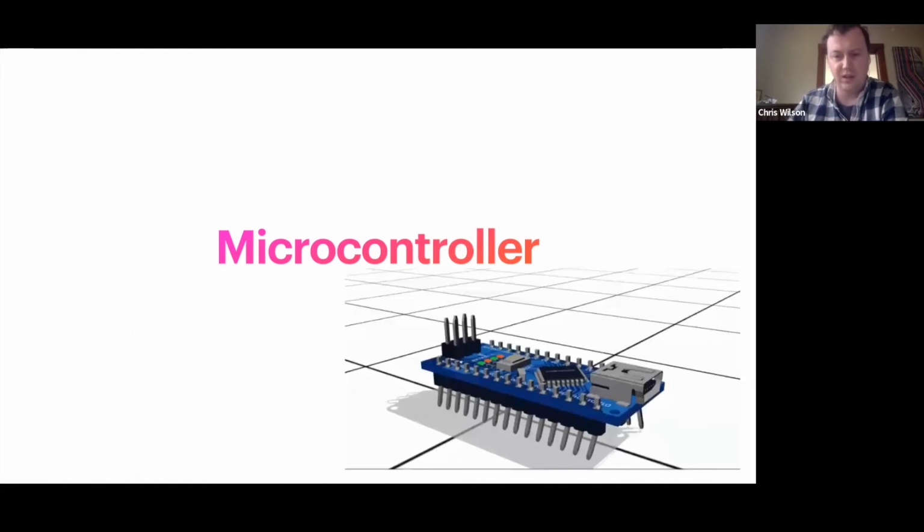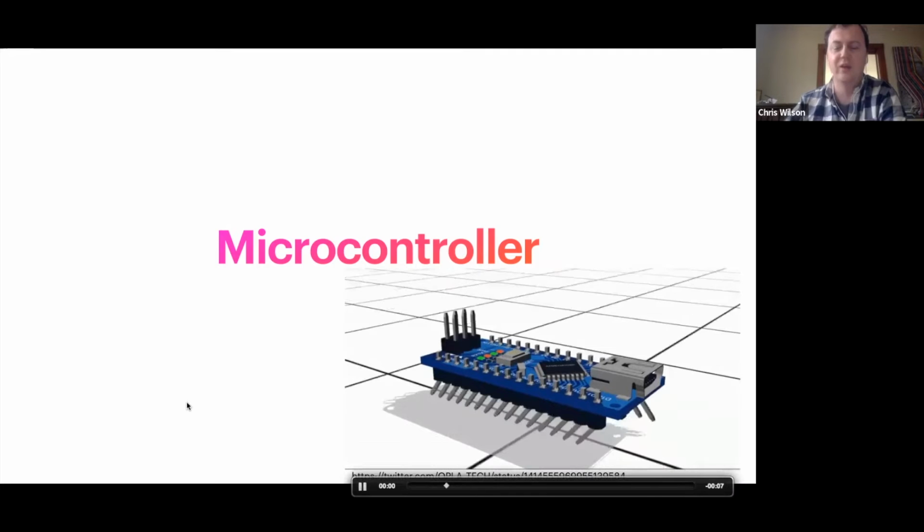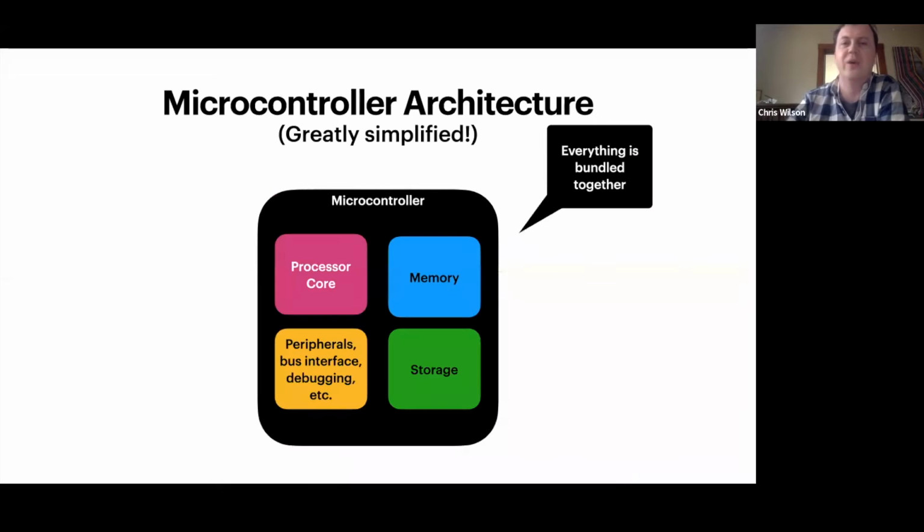Yeah, so that brings us to talking about what microcontrollers are in general. Now that you've seen my project, what are these little guys about? Oh no, this guy's supposed to run like a little bug. Okay, there we go. So what are microcontrollers all about? This is my super duper simplified architecture of a microcontroller.